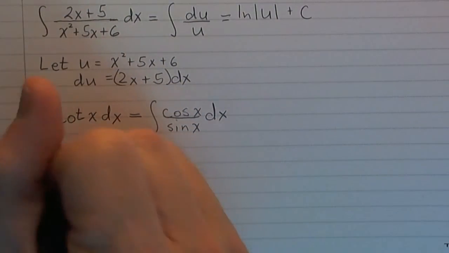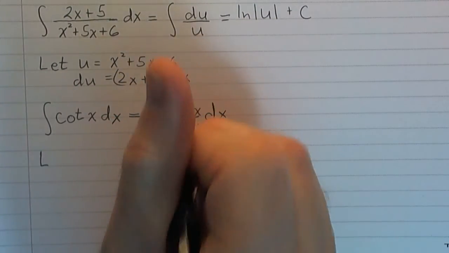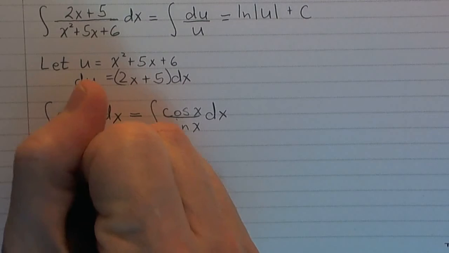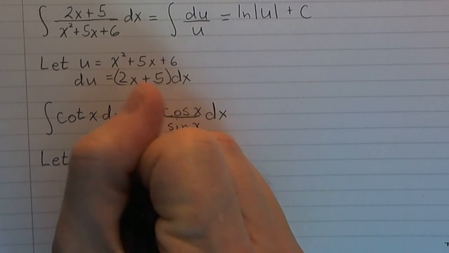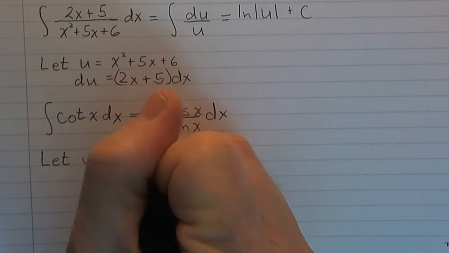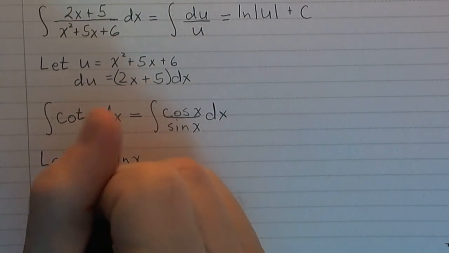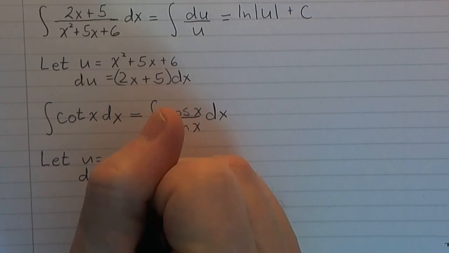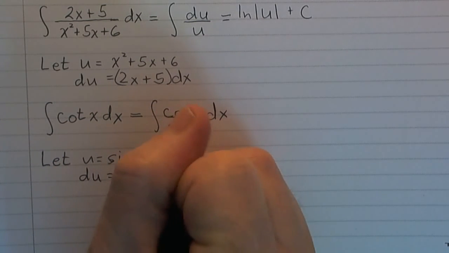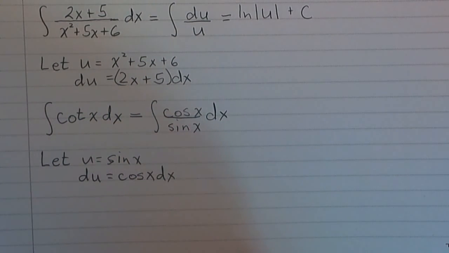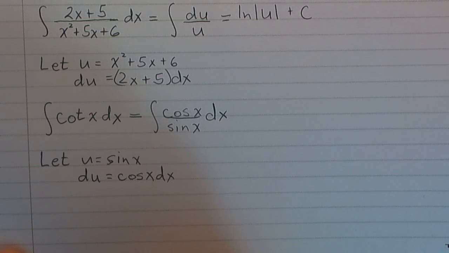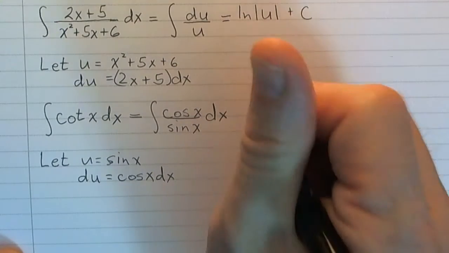Because I know the derivative of sine is cosine, so I'm just going to let u equal sine x. Then du is cosine x dx. Okay, now let's see what we've got.